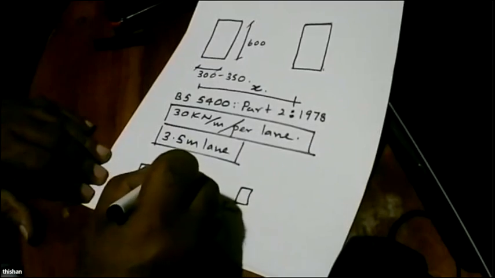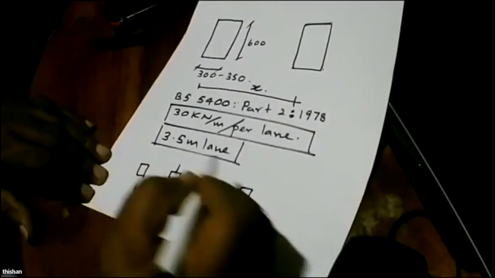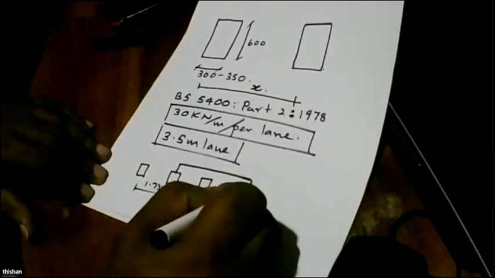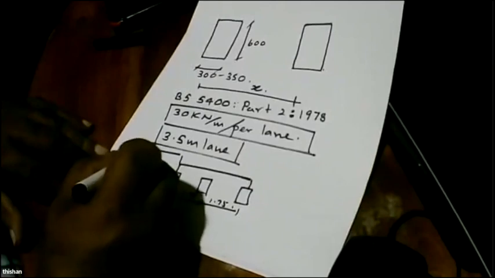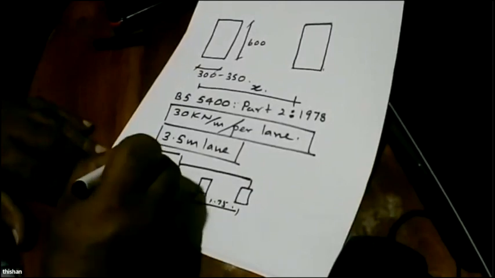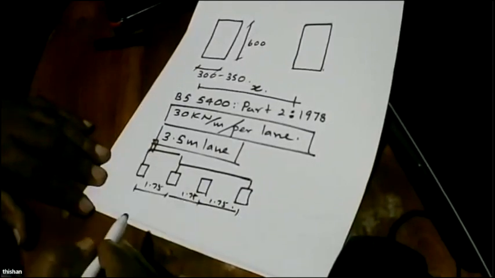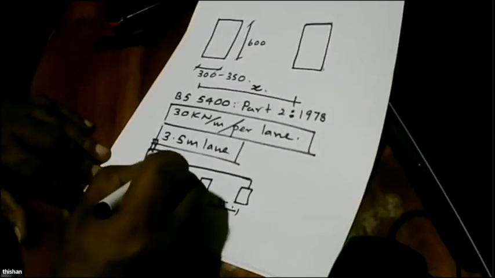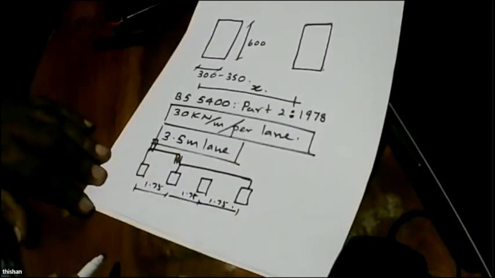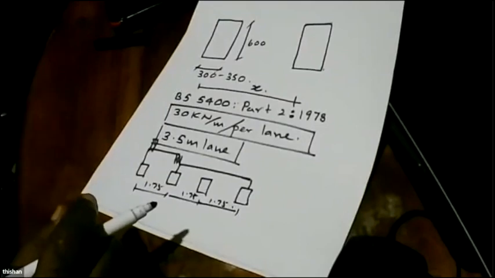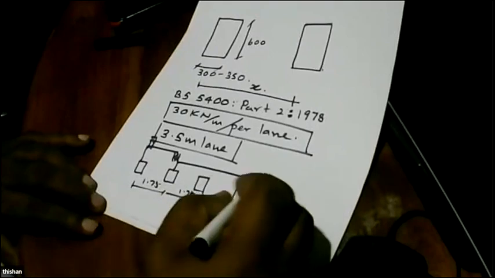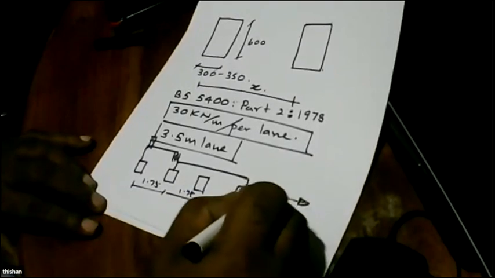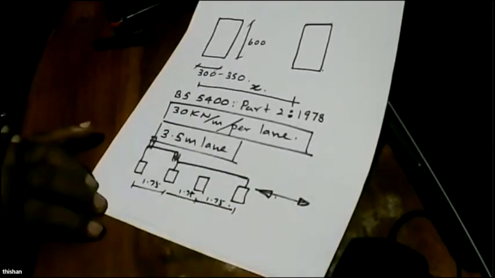That will give us a chance to have the road over this area, and then that will allow us to have the pedestrian pavement, where we have to make sure that we can accommodate the handrail. We have to have a curbstone, and we'll end up with something like 1.6 meters for the pedestrian pavement, and we can repeat the same thing on this side. This is one of the reasonable arrangements.